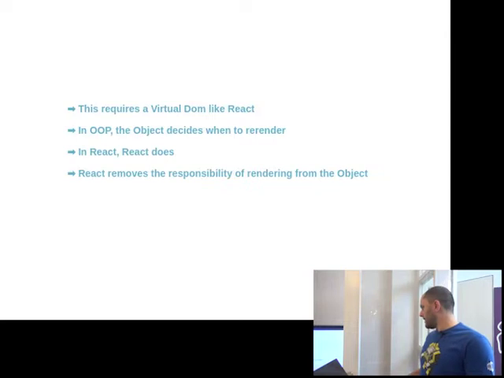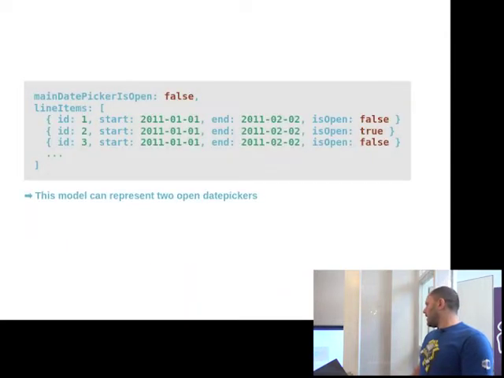Okay, so let's see another case of removing unwanted states. Now, date pickers are drop-downs, and every drop-down component can be showed open or closed. So the naive approach would be to create one variable for each one of our date pickers.